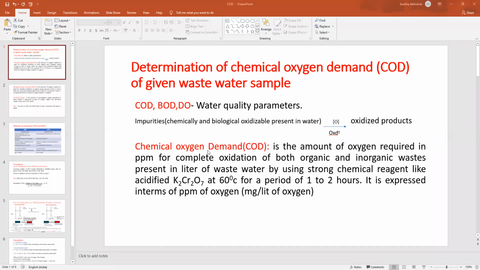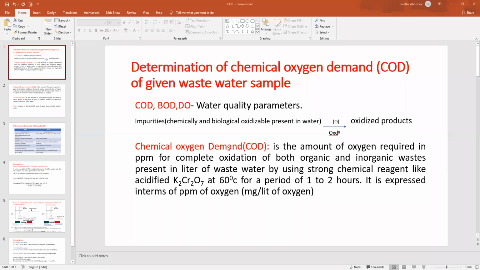Chemical oxygen demand, abbreviated as COD, is the amount of oxygen required in ppm for complete oxidation of both organic and inorganic impurities which are chemically oxidizable, present in a liter of wastewater, by using a strong chemical reagent like acidified potassium dichromate at 60 degrees Celsius for a period of 1 to 2 hours.